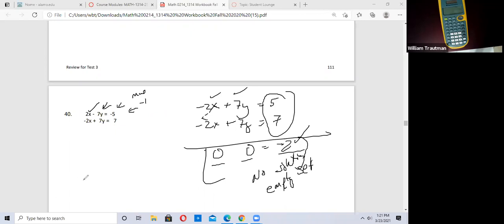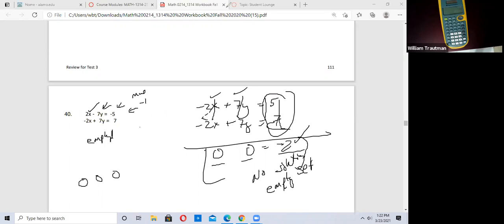If you get 2 zeros and a number, it's the empty set. But if they all match up exactly, then you get many solutions. So if the two look the same, you just multiply by a row. This one is the empty set, no solution.